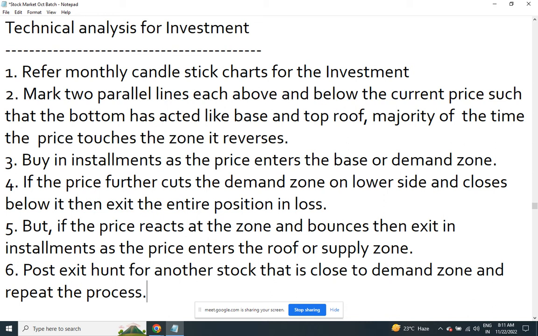We are very clear with the screeners, what stocks we have to deal with. And next is the question, when do we time it? When do we enter? When do we exit?